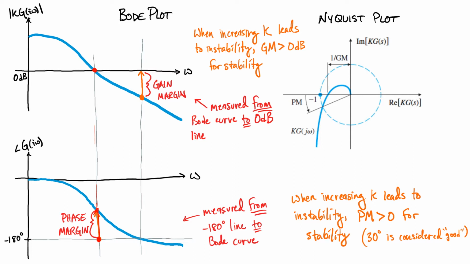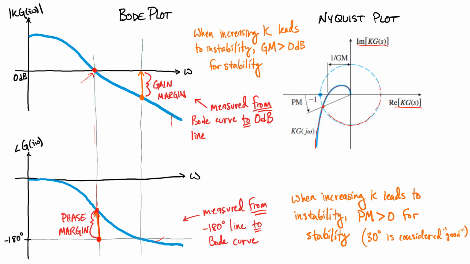If this is the magnitude and this is the phase, then this is the corresponding real and imaginary value. Here we look for this dashed blue line, which indicates magnitudes of 1, and that corresponds to points in the imaginary and real space that have a magnitude of 1, so 0 dB.